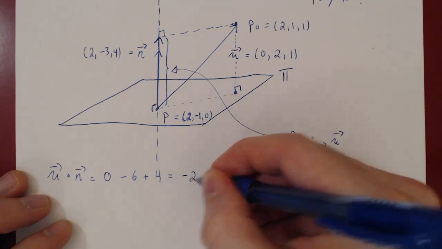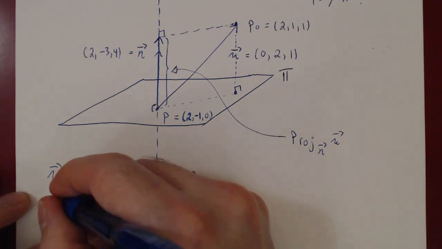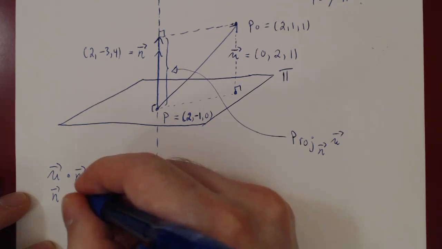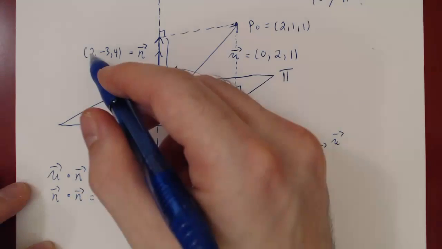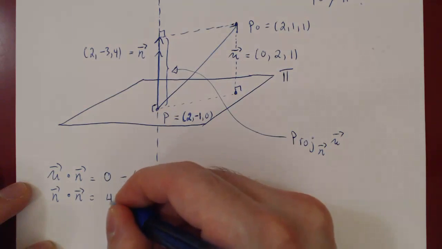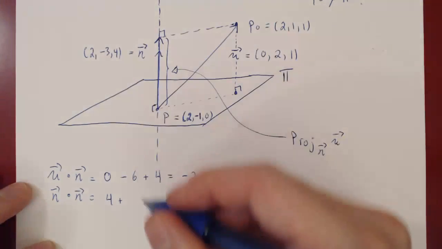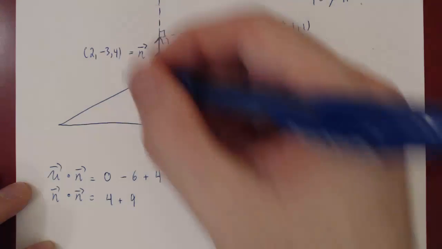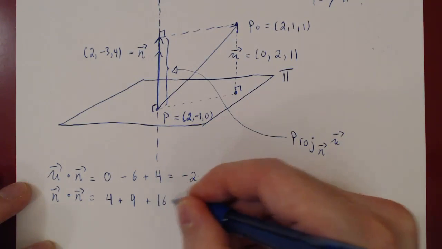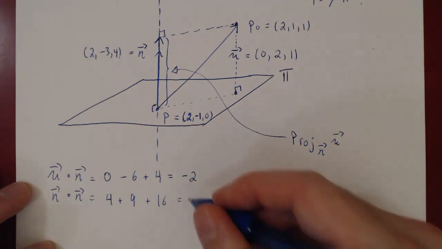So we're left with negative 2. Let's find n dot n. This will give you 2 times 2, 4, plus 3 times 3, 9, plus 4 times 4, 16. So you'll get 29.